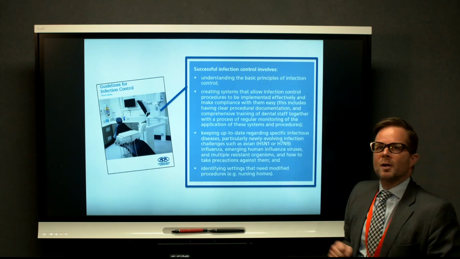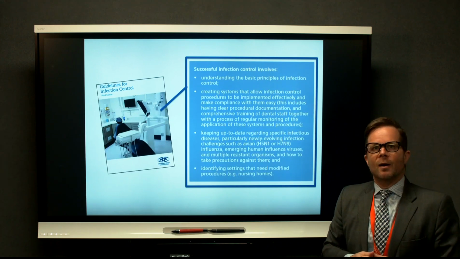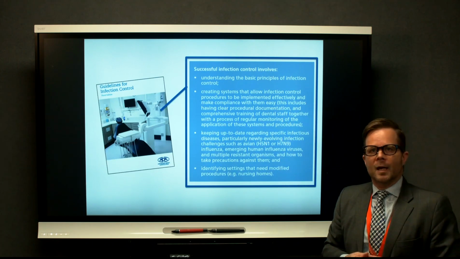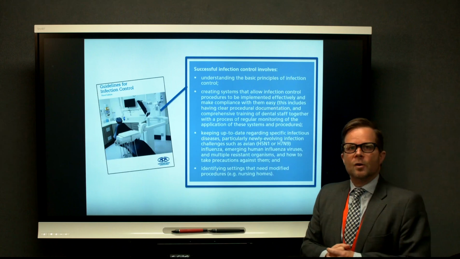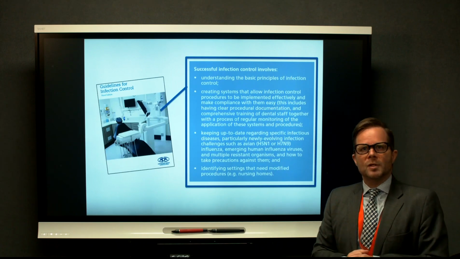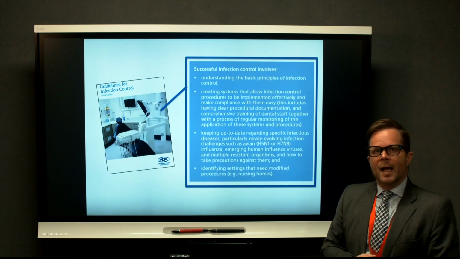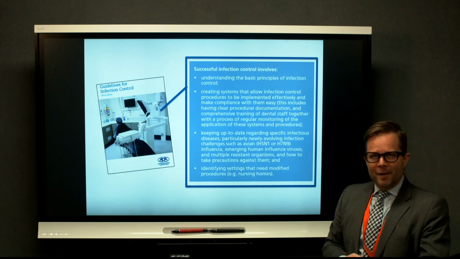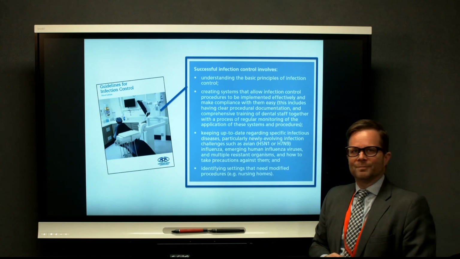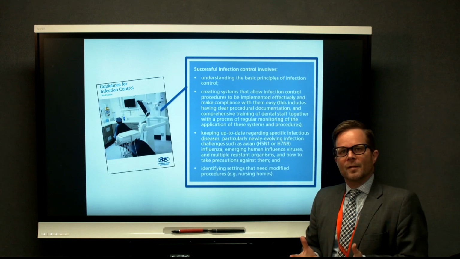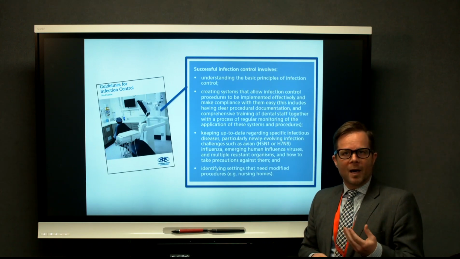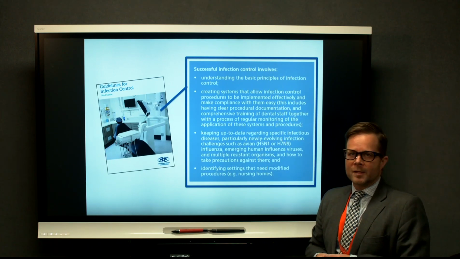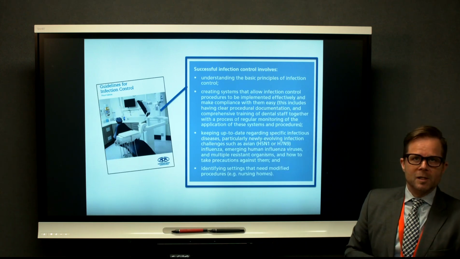The first thing is to understand how infections are actually transmitted. So you need to understand the basic principles of infection and therefore how to control it. You'll be learning things in this subject, but in more detail in other subjects which look at infections.